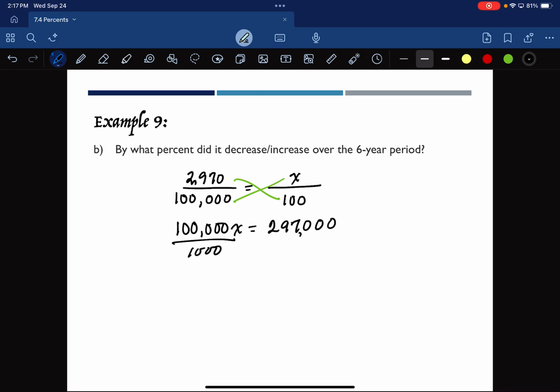If we divide by 100,000, we get 2.97%. And we will get that same percent no matter what value house we started at. That's how much it decreased, right? It decreased by about 3% over the course of those 6 years.